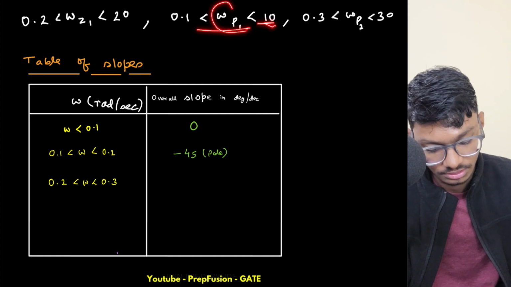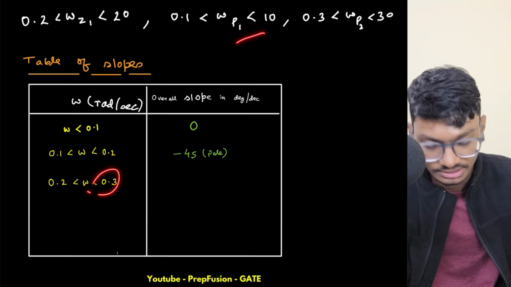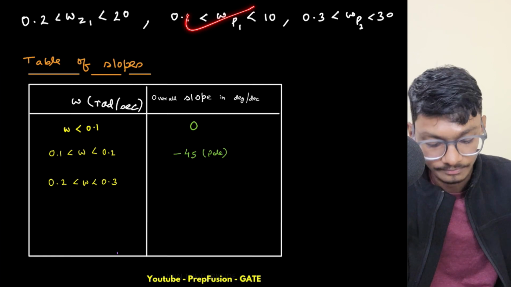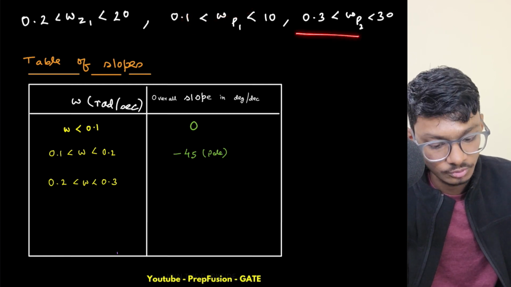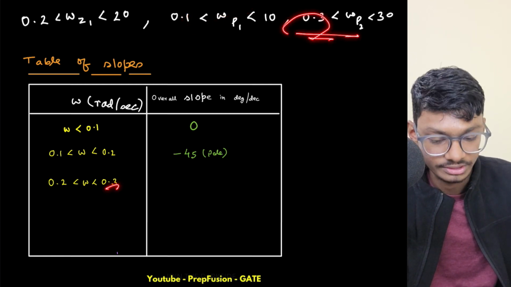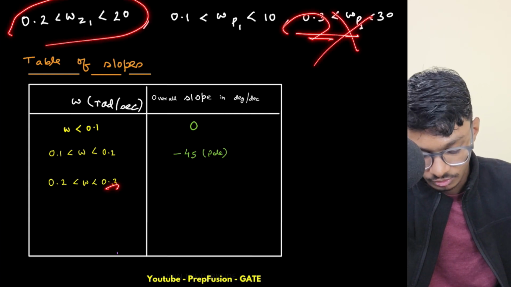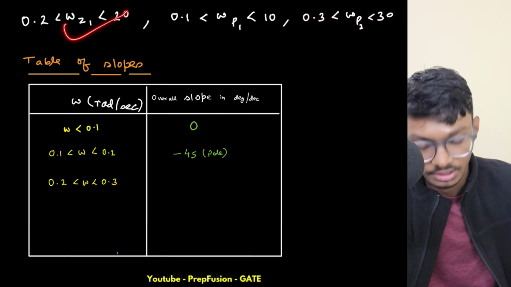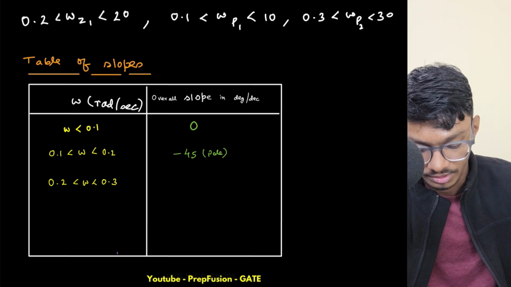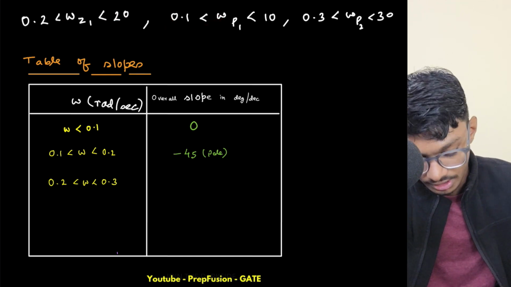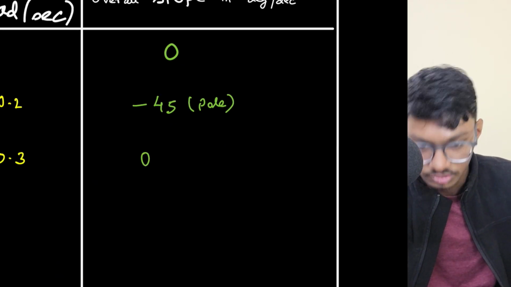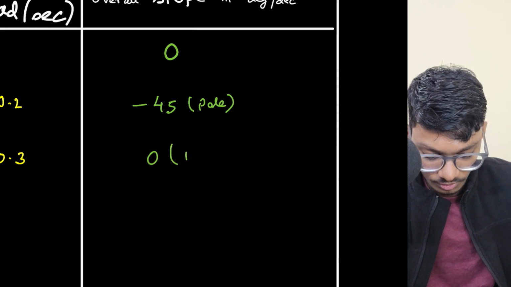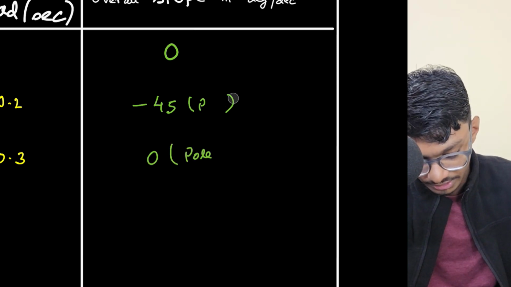We are in this range, it is less than 10, so the effect due to this pole will come. Will the effect due to the other pole come? No, I haven't crossed 0.3, so this effect won't come. The effect due to the zero will come now. So this will contribute a plus 45 degrees per decade slope, and this will contribute a minus 45 degrees per decade slope. So obviously the overall slope will be 0, because the pole and zero cancel.